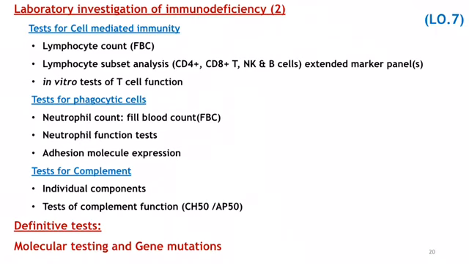We can do all these tests for patients. Tests of phagocytic cells, such as neutrophil function, and for complement we can do specific tests. But we have definitive tests, for example molecular testing: genetic testing to detect gene mutation in that patient.